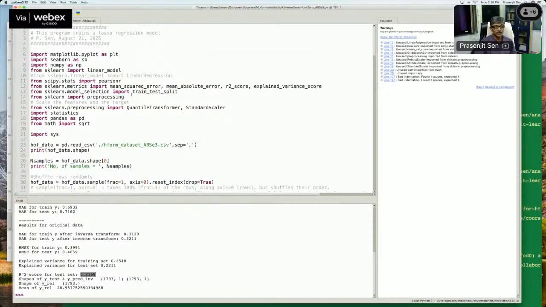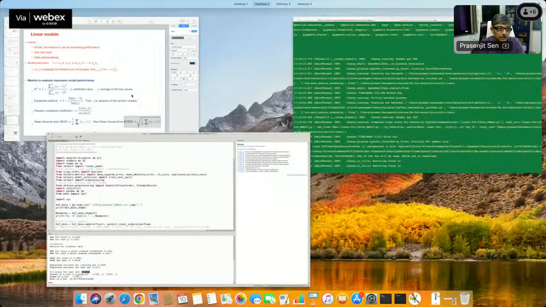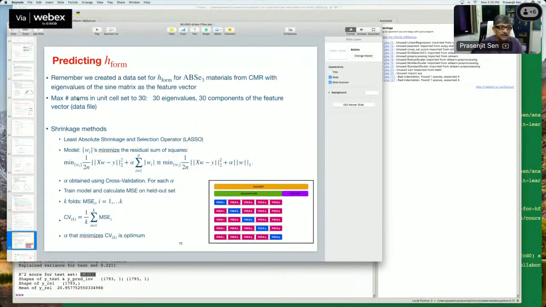Yeah, the next model I wanted to show you today is lasso. Okay. And yeah, lasso is one of those shrinkage methods.